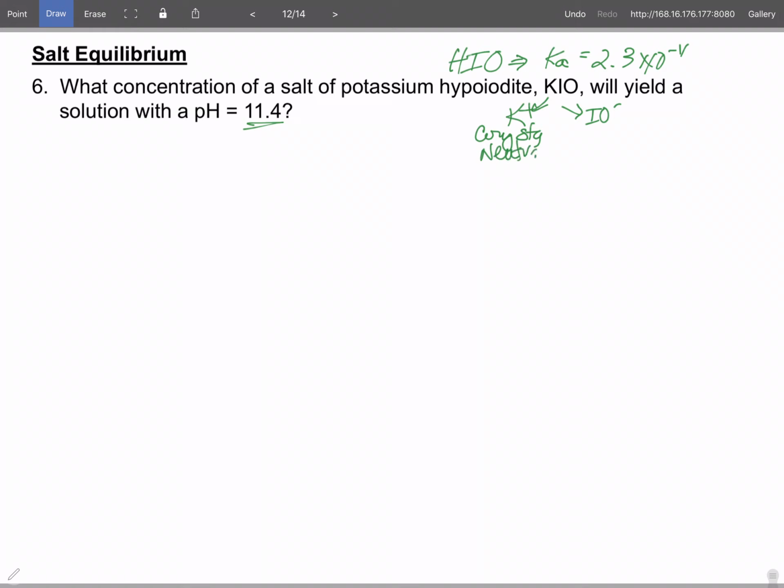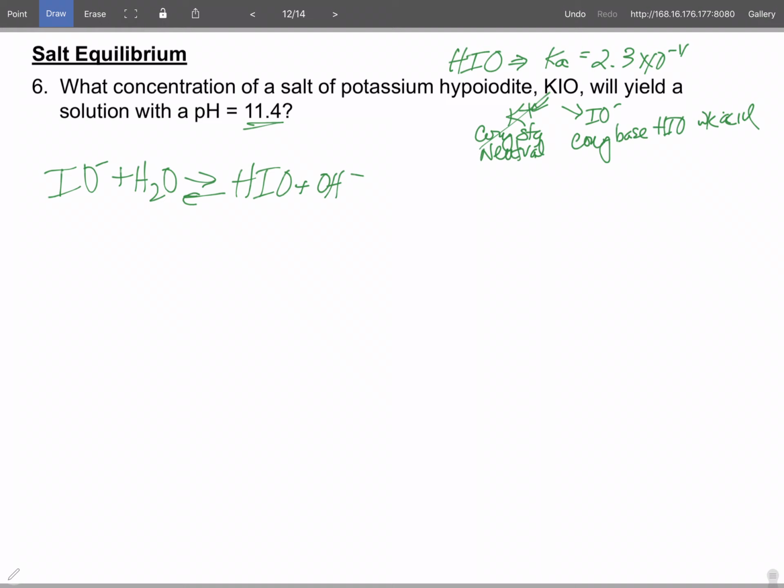We ignore it. IO minus is the conjugate base of HIO, which is a weak acid. So it's going to be basic. So we have IO minus. Since it's basic, we're going to add in H2O because we get HIO plus OH minus.